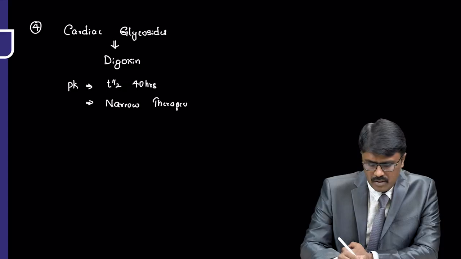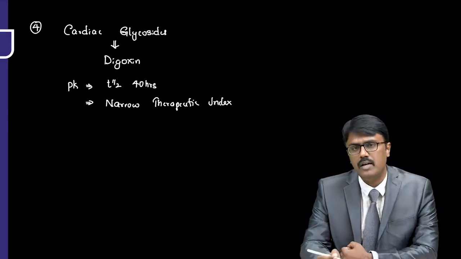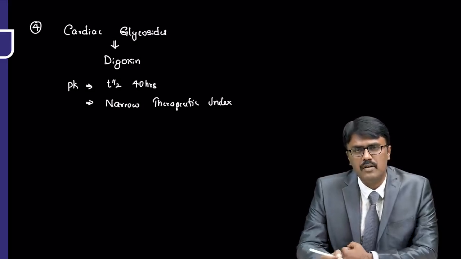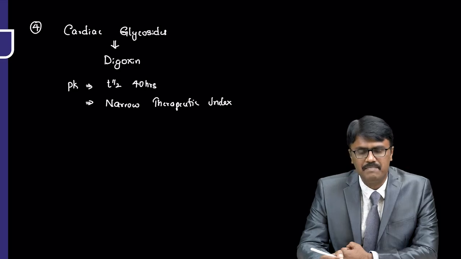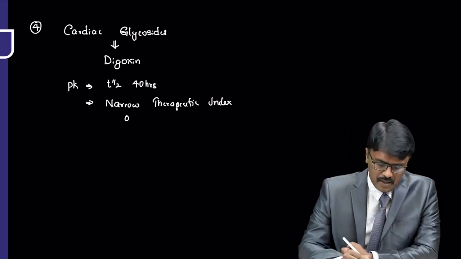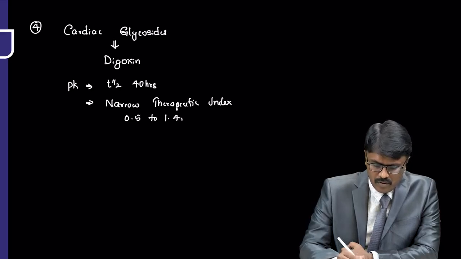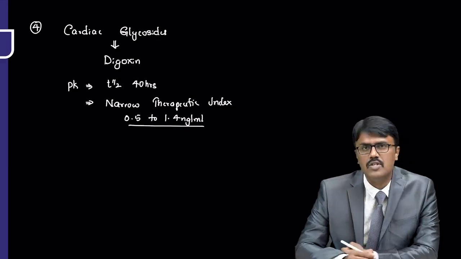If a drug follows a narrow therapeutic index, is it safe or less safe or more safe? It is less safe. That means the therapeutic range is 0.5 to 1.4 nanogram per ml. So you have to use the drug within this range.